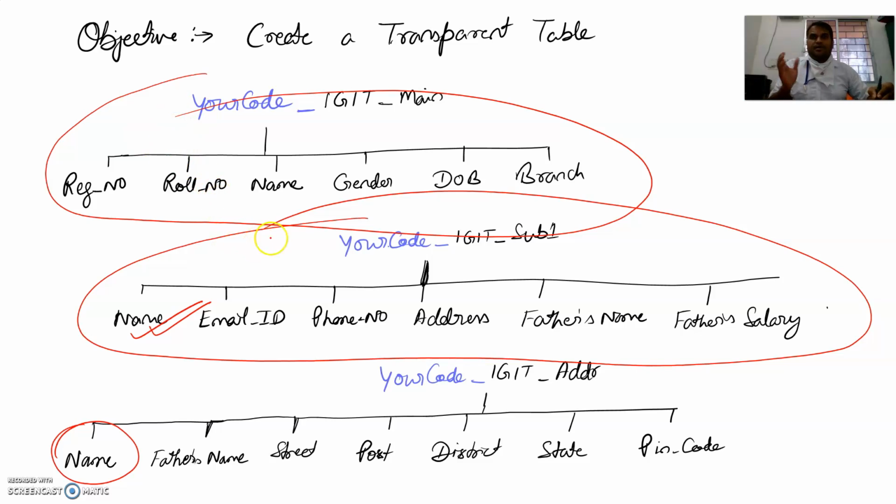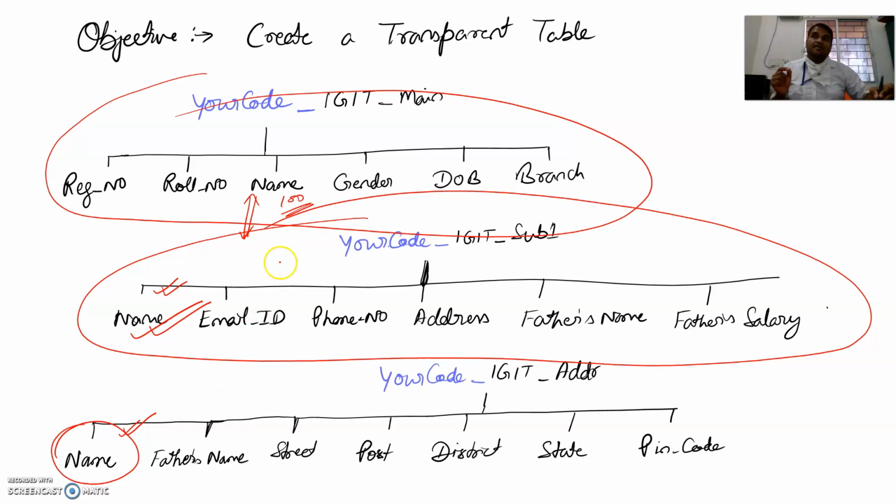If in the main table there are 100 names, I don't want to add any other name. I will choose only those names which are already listed in the main table. So I will use that in the second table, and I will use the same in my third table. That is possible with the help of a foreign key.